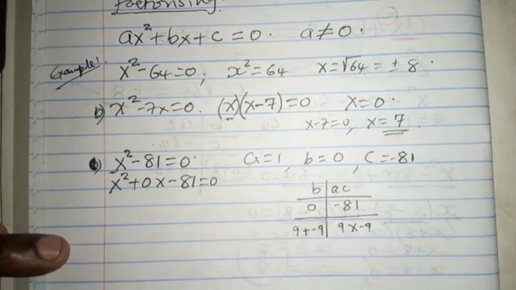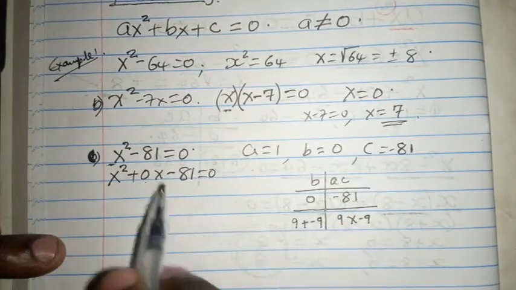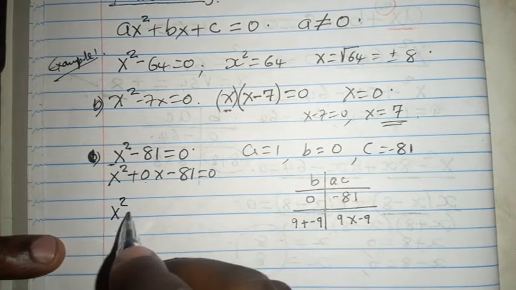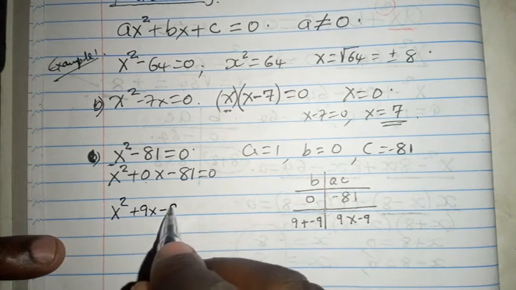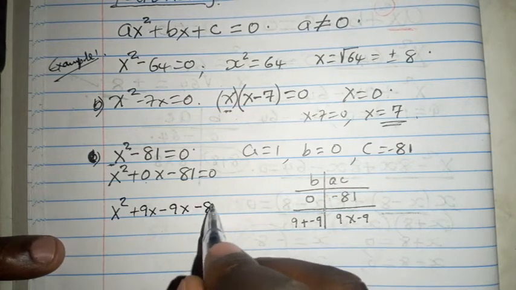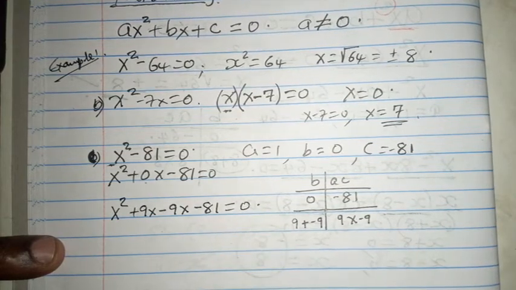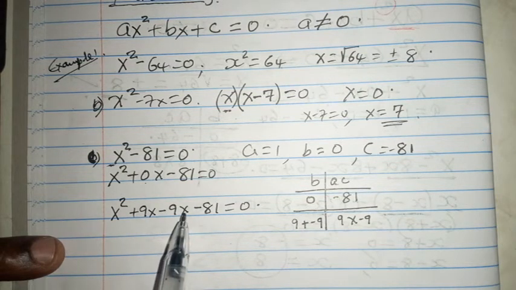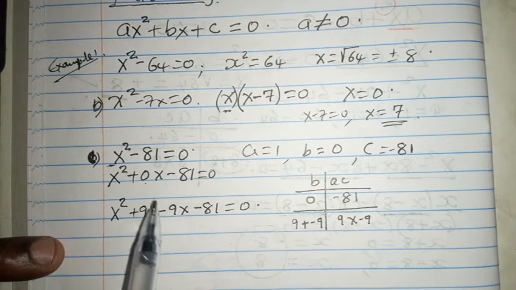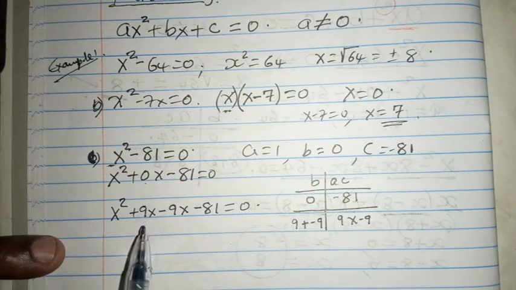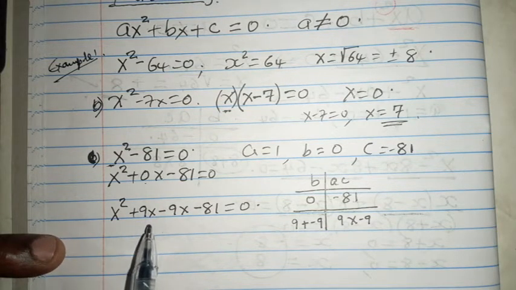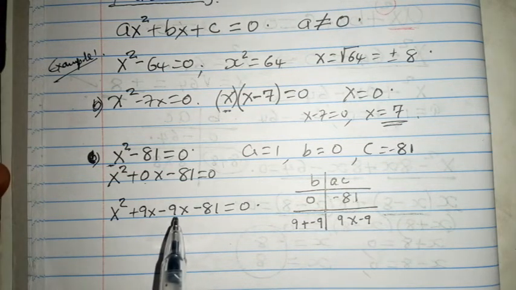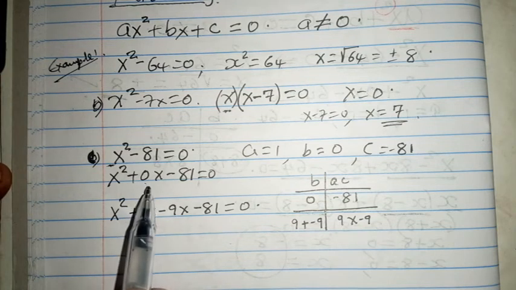So what we do, we pick the two factors and replace the middle term, and we have it like now x squared plus 9x minus 9x minus 81 is equal to 0. If you look at plus 9x minus 9x, it's the same as 0x, and that is what we had originally.